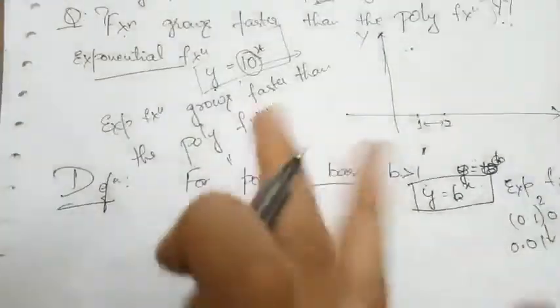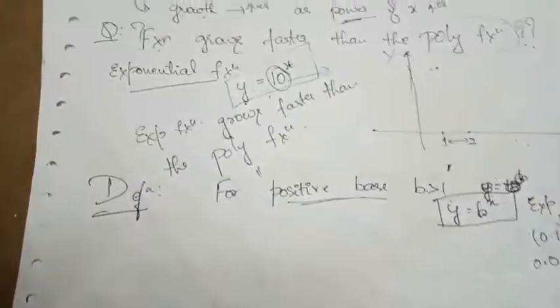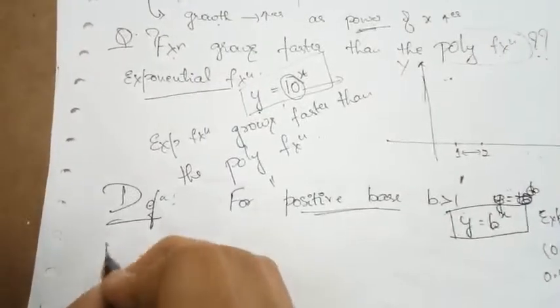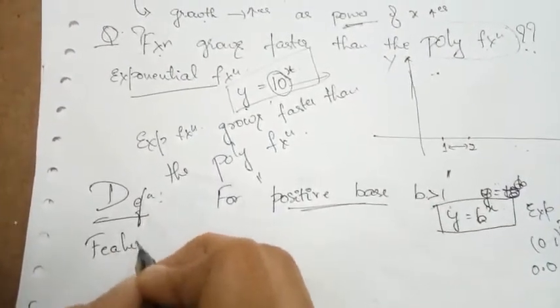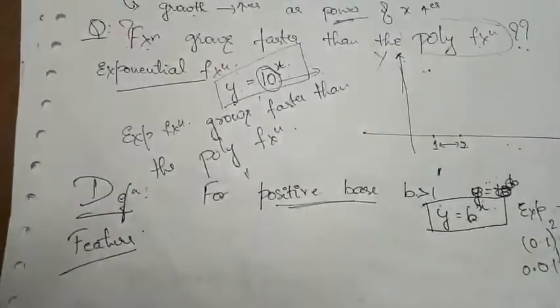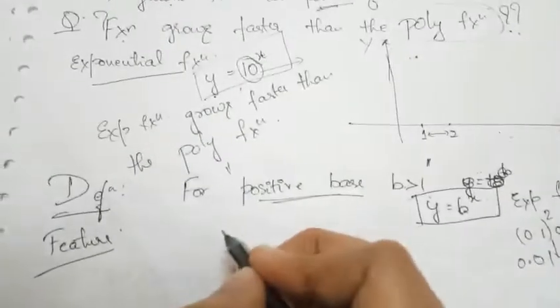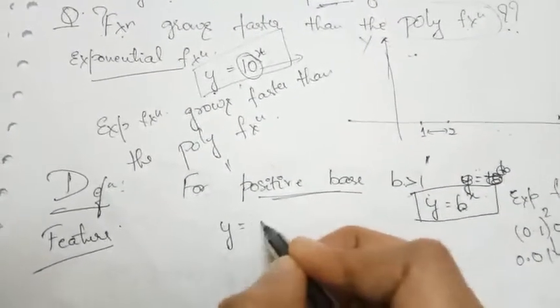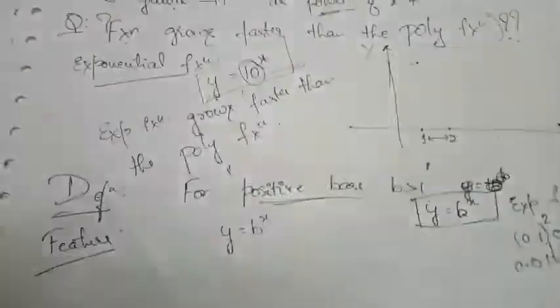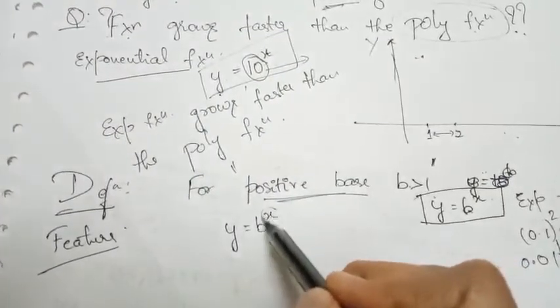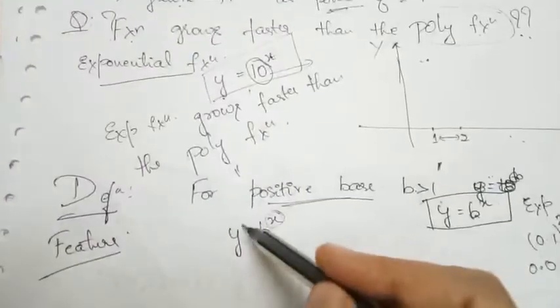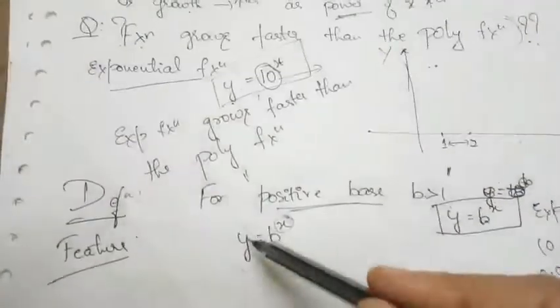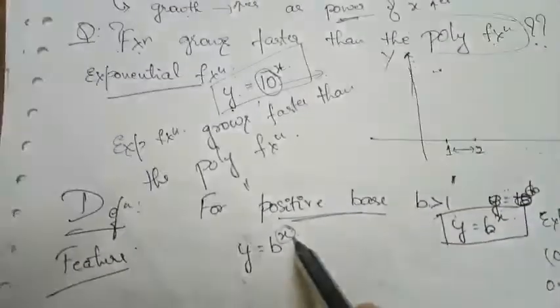Now by looking at this definition, let us understand some of the features of this exponential function. You can see clearly what our exponential function was: y is equal to b to the power x. Here x is the independent variable and y is the dependent variable, because y depends upon the value of x.